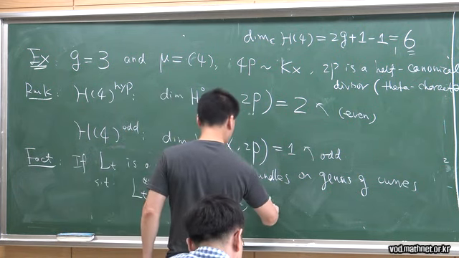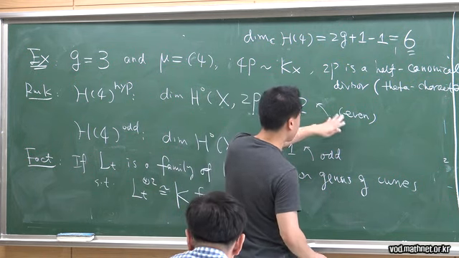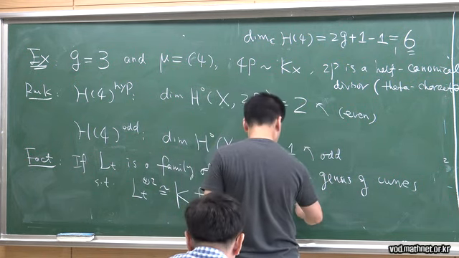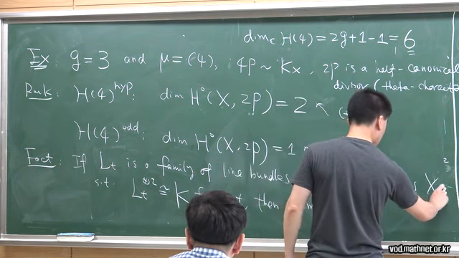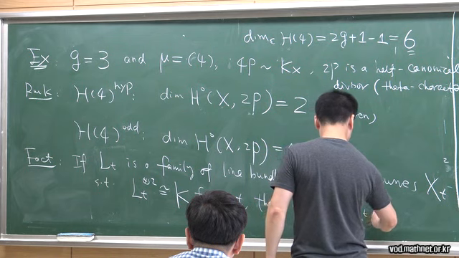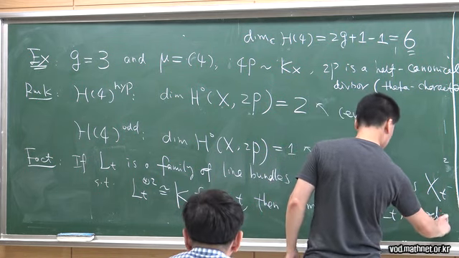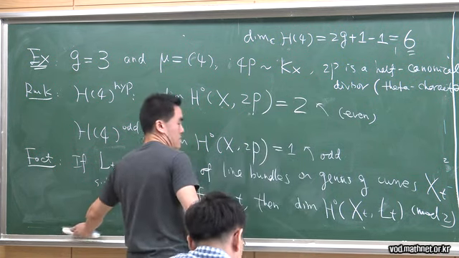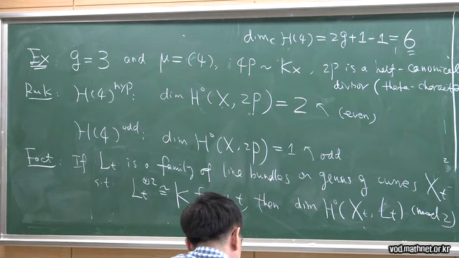Then for this global section space, the dimension may vary, but the parity mod 2 is invariant. So that's called X_t. Mod 2 is invariant. It's a deformation invariant.